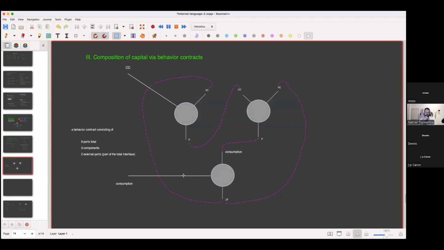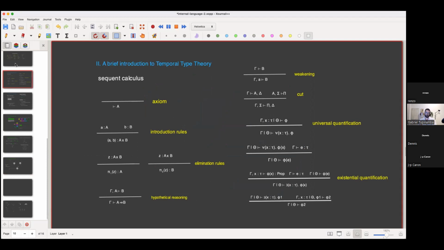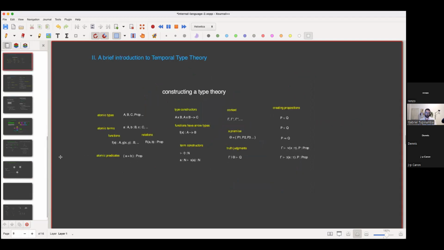They may need consumption from various different sectors. So you can build pieces of capitalism with this language, and each one of these ports obeys some kind of constraint, the constraints that we can formalize with this language.